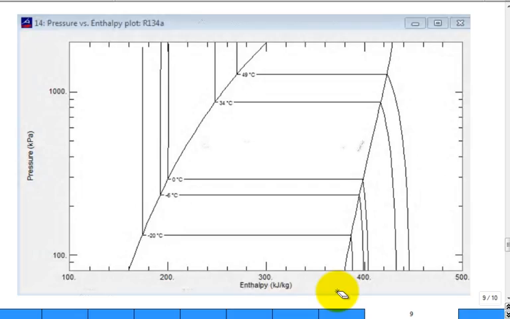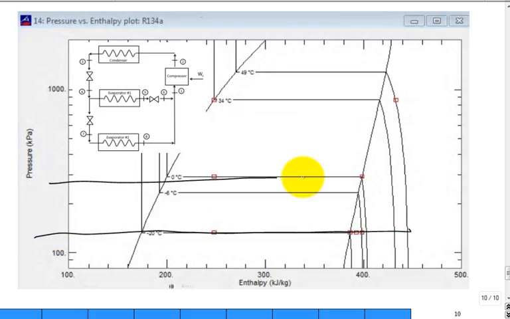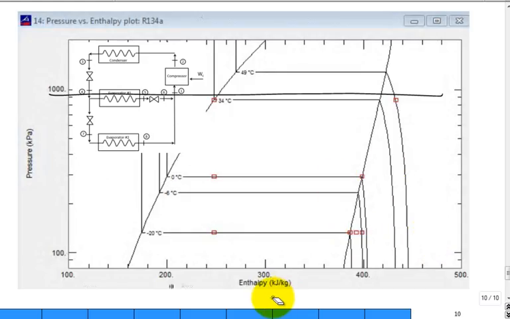All right, so this is what it looks like. Notice there were only 3 pressures. Everything's on that line or on that line or on that line. That's it. You just had 3 pressures, the high, the intermediate, and the low pressure. Now, it gets a little confusing down in here because we're coming out of that evaporator down here at state 8, and we come out of the first evaporator, state 5.